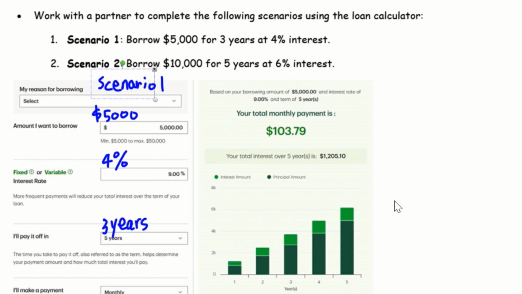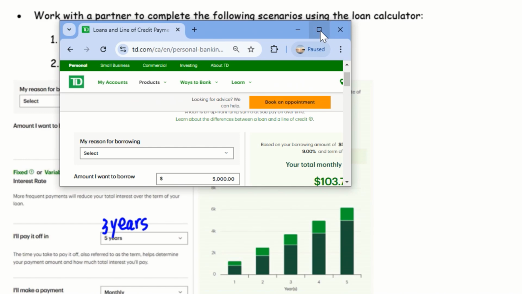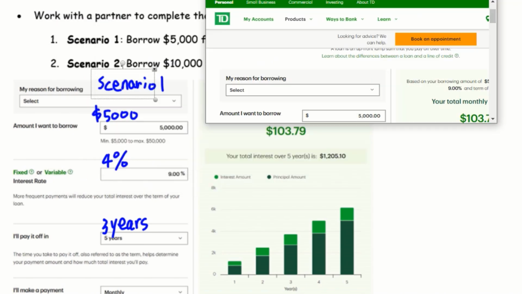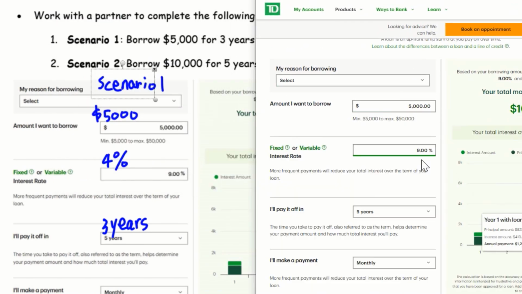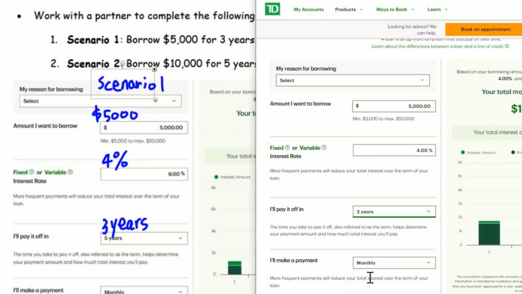Now we are going to get the real TD online calculator here. Then 5,000, and I will make this smaller. It will be 4%, so we change this one to 4%, and we change this one to 3 years and monthly.